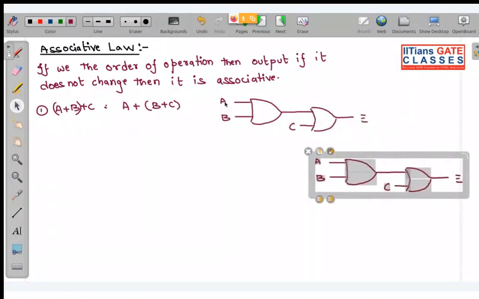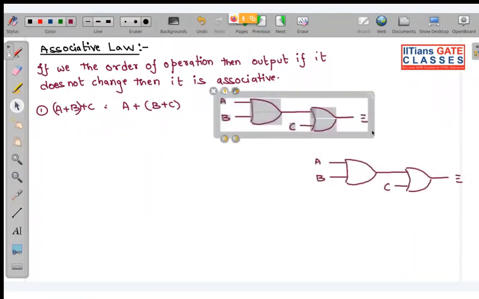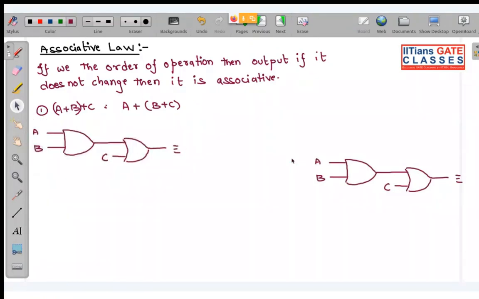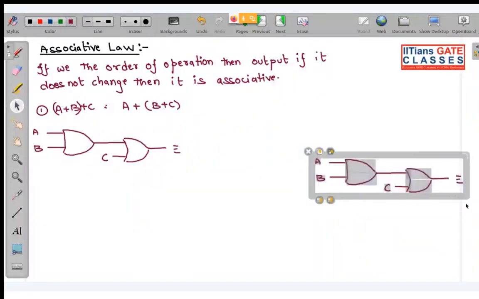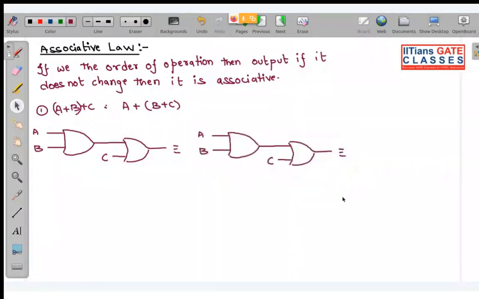This is equivalent to, okay. So this is what we mean by associative law.